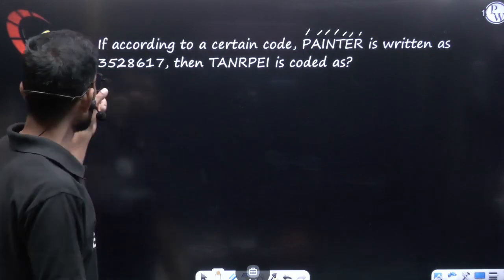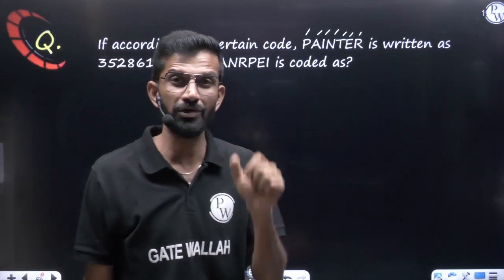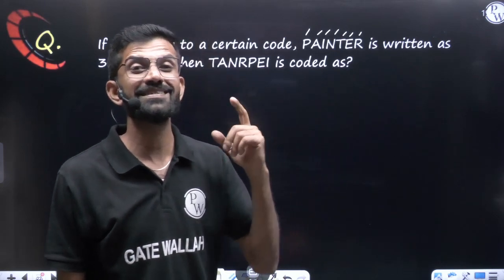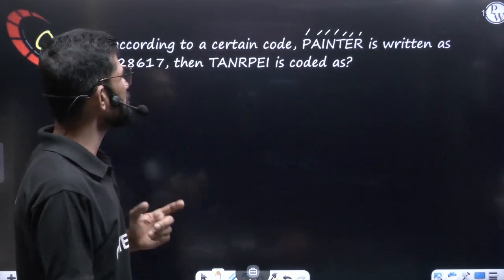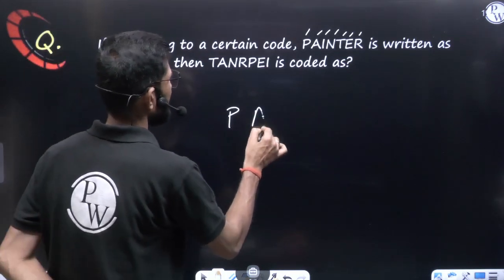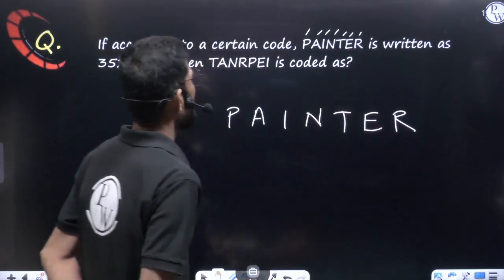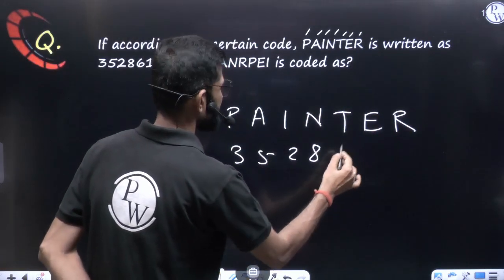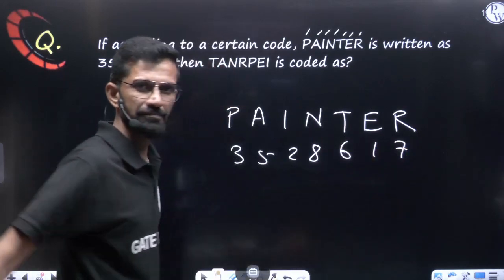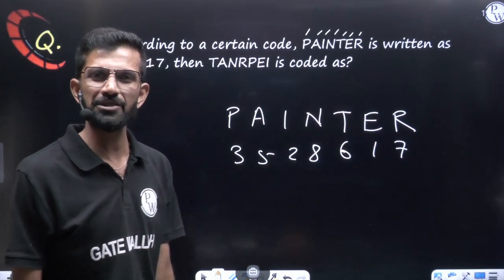Am I right? And here only 7 numbers, but some of the alphabets have a position of 2 digits. So it means it is directly substitution. So substitution means PAINTER they have coded as 3528617. That's it. Means they are substituting. For every alphabet they have substituted one number.